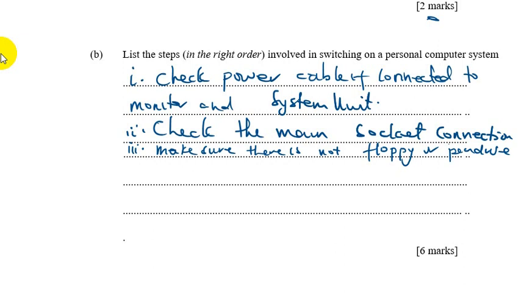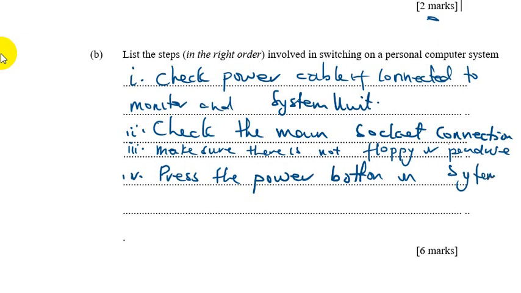Okay, with this one we can now press the power button on the system unit and also the monitor. And the last one, you see this point, you can split it into two.